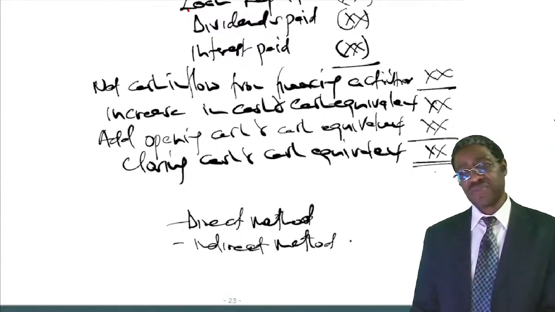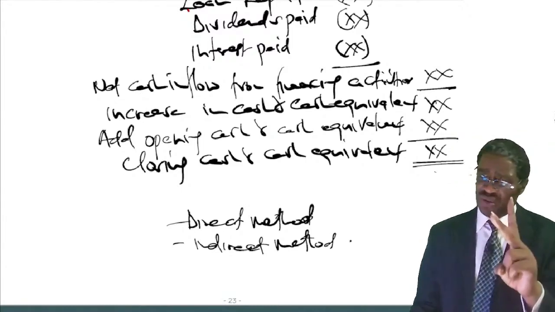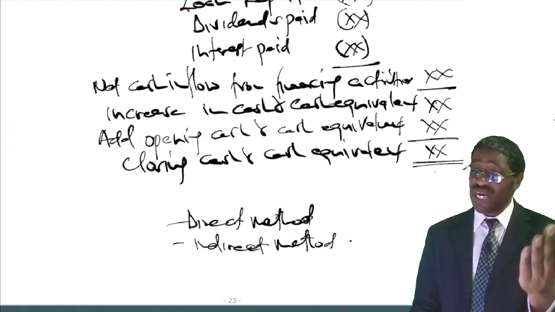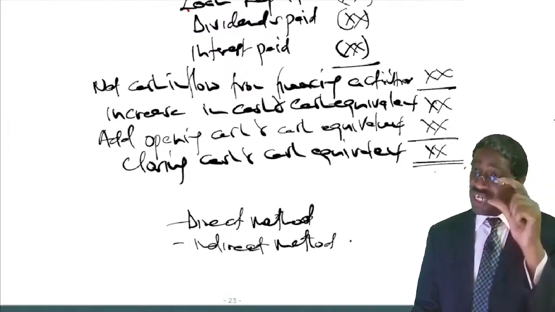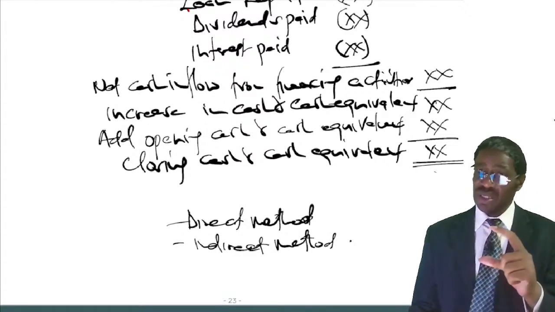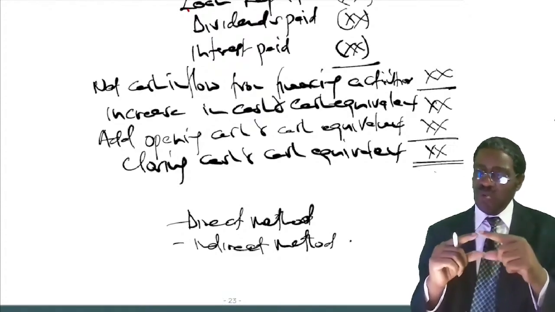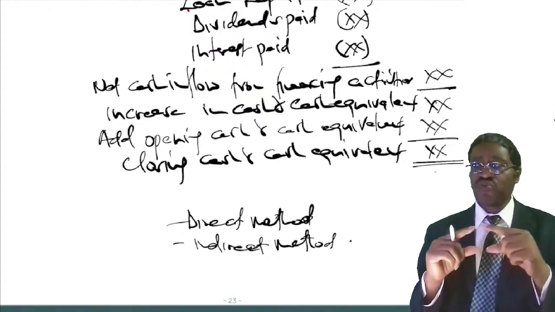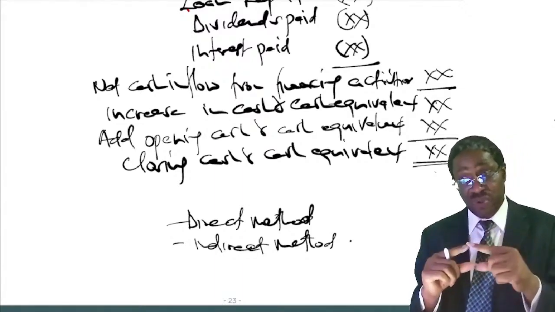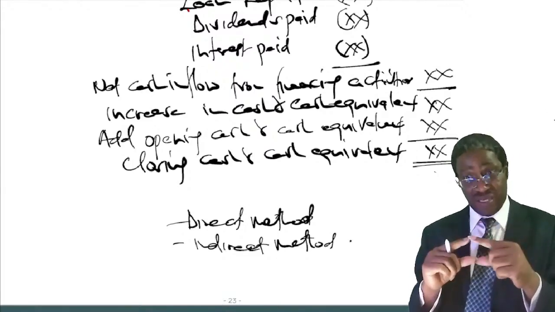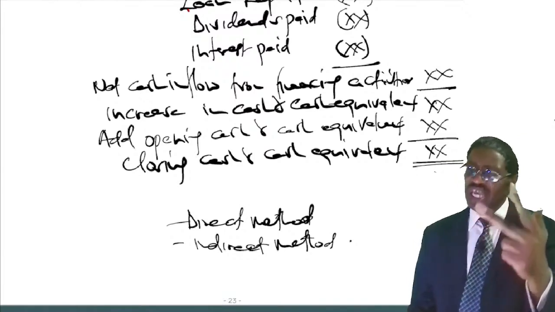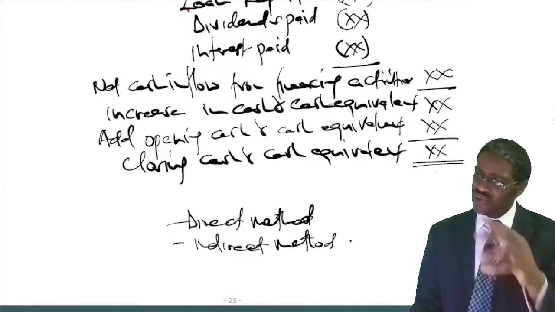Now listen. In both methods, you still have to categorize the cash flows into three. The only difference in presentation is when you are presenting your cash flows from operating activities. When it comes to investing and financing activities, the two methods are the same.